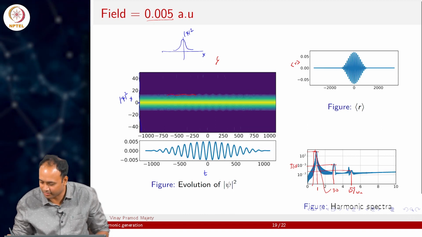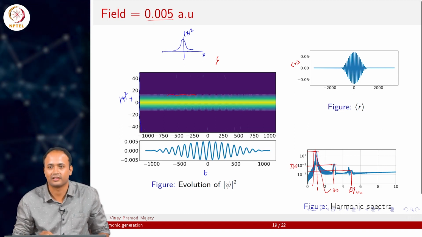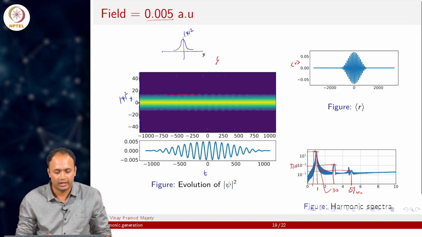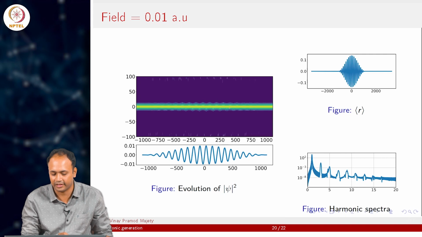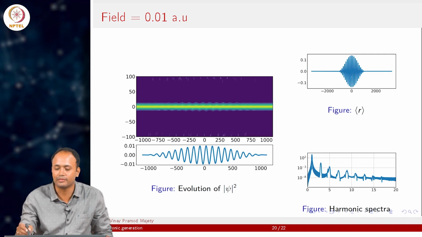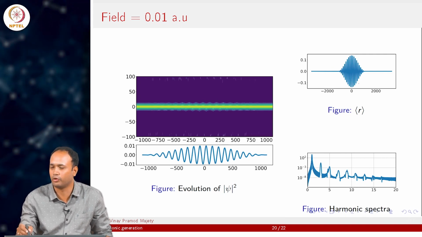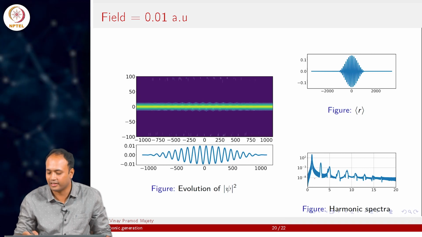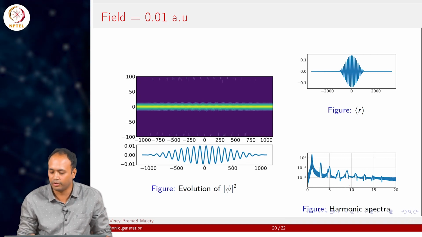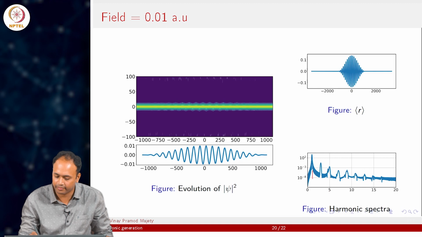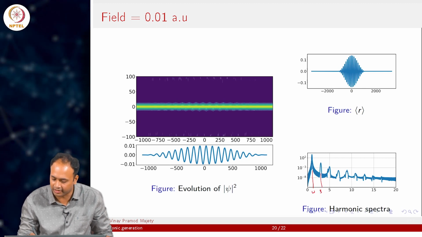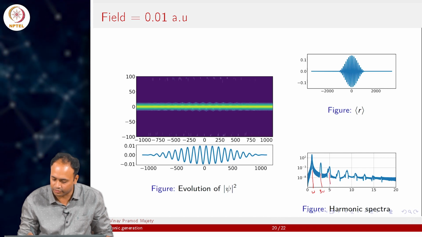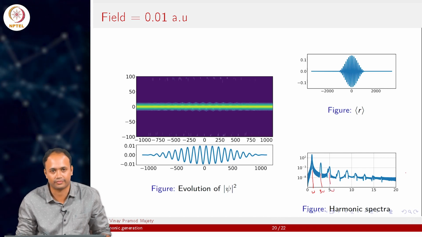Yes, this is okay. So you still see this same kind of oscillations in the density. You have a very similar looking expectation value of R, but the details are in the Fourier transform, right? When you look at the Fourier transform, again I get a peak at 1 omega, this is 3 omega, that's 5 omega, 7 omega, and so on.